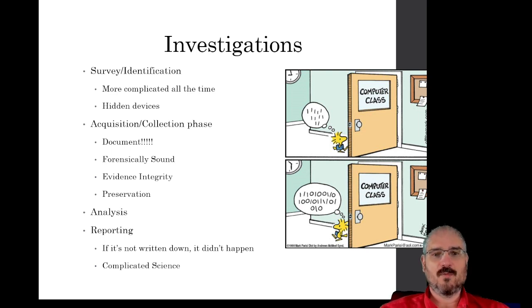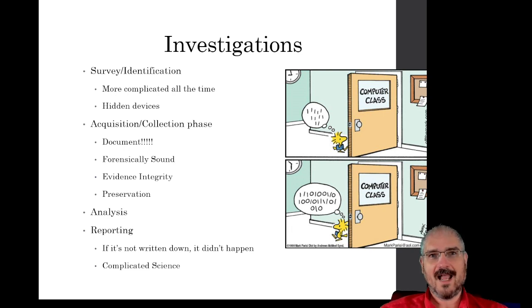And then, of course, once we've created this image, once we've created this copy that we're going to do our analysis on, we need to make sure to preserve the original. And sometimes that's as easy as just making sure we put it in an anti-static evidence bag and put it in the evidence locker. But there are also things we have to worry about, say, with cell phones, right?